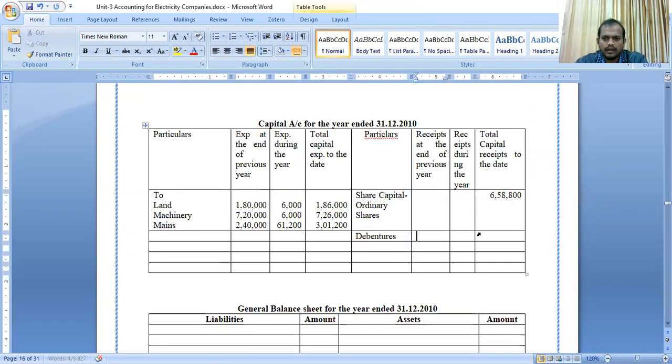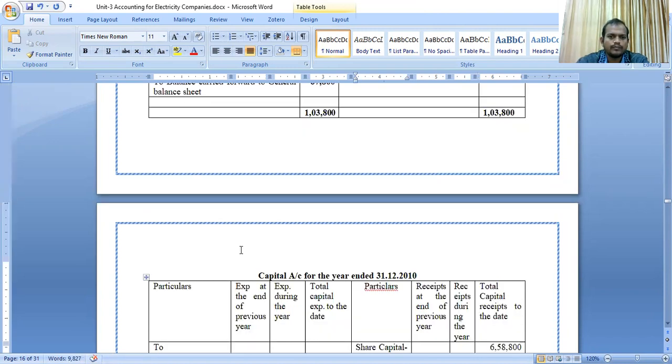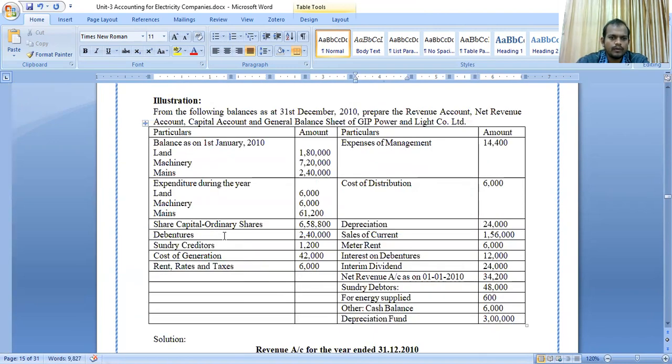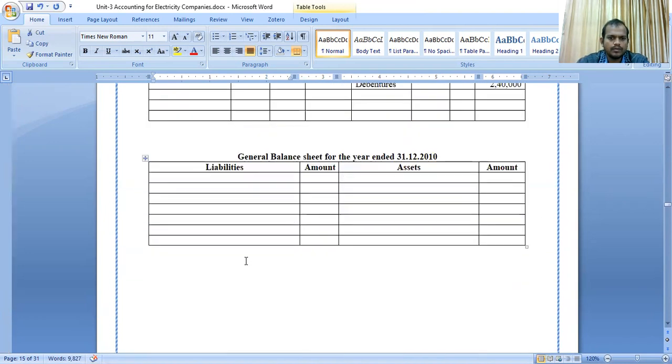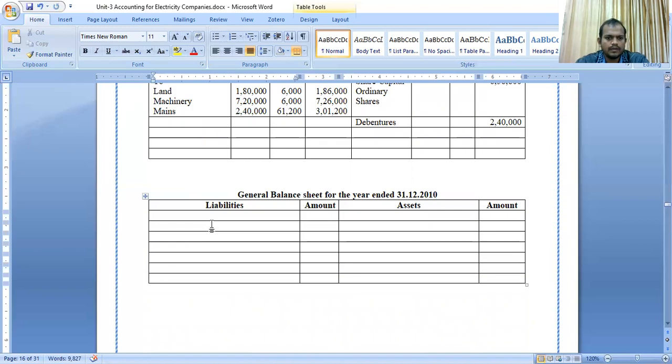So you can directly mention in the final balance sheet. So debentures, these are the sundry creditors. Cost of generation, okay, sundry creditors. This will come under liabilities of general balance sheet. So general balance sheet, sundry creditors.